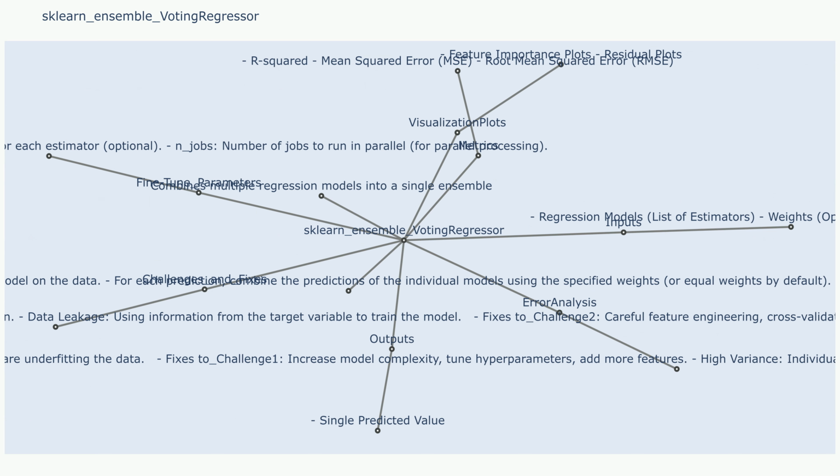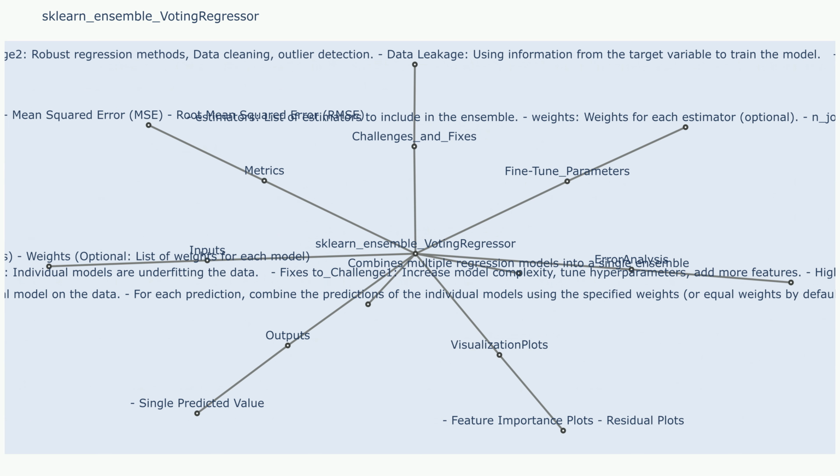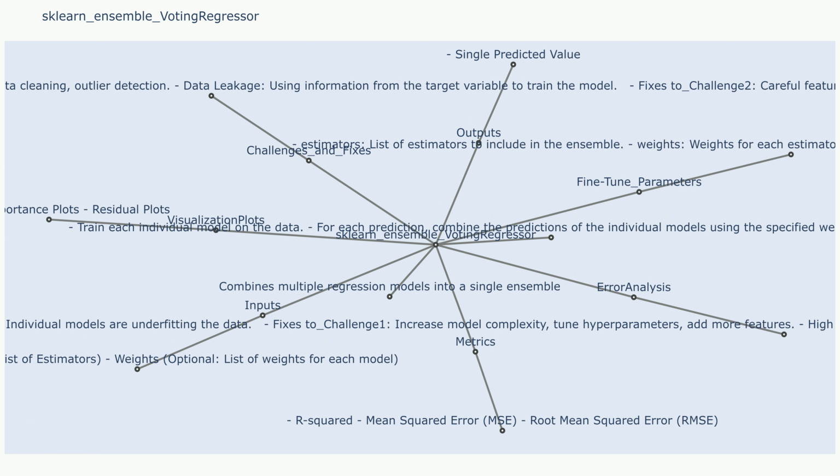However, if you have prior knowledge about the relative performance of your models, you can use weights to favor certain estimators over others. Outputs. Predictions: the voting regressor outputs predictions for new data points. These predictions are based on a combination of predictions from the individual models in the ensemble.